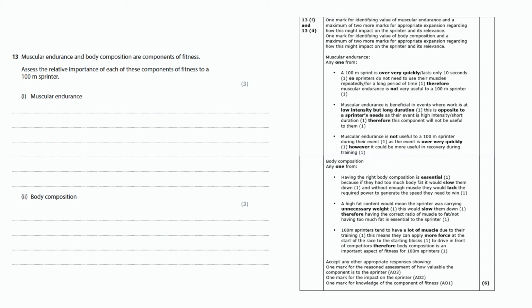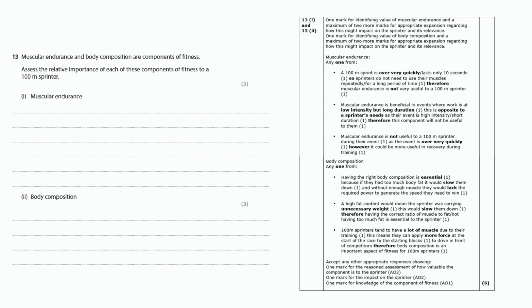So if you put something along those lines, then you're getting a 2nd mark. And for the 3rd mark, you need to assess the importance of muscular endurance relatively against body composition. So for your 3rd mark, therefore, muscular endurance is not as important as body composition for a 100-metre sprinter.